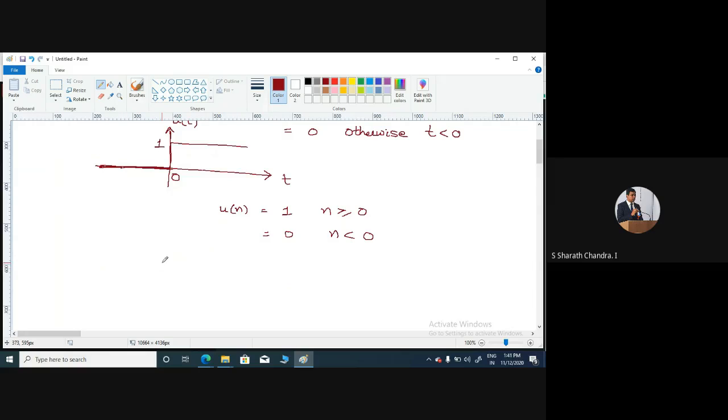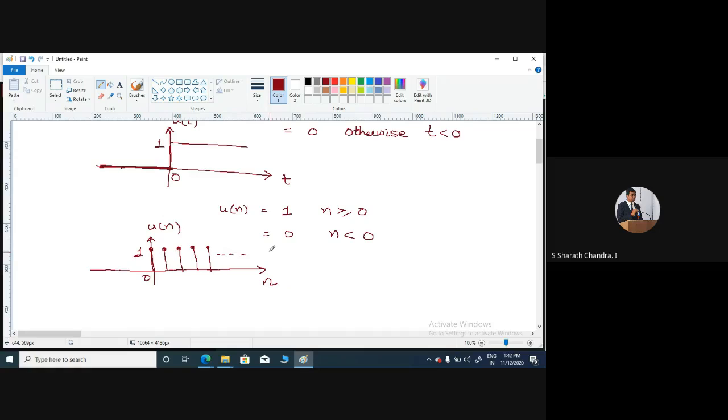And the graphical representation for this discrete time version of the unit step sequence can be taken as u[n], and this is the n axis, the time axis, and it is equal to 1 for all n greater than or equal to 0 and equal to 0 for n less than 0. So this is how we generally consider a unit step sequence.